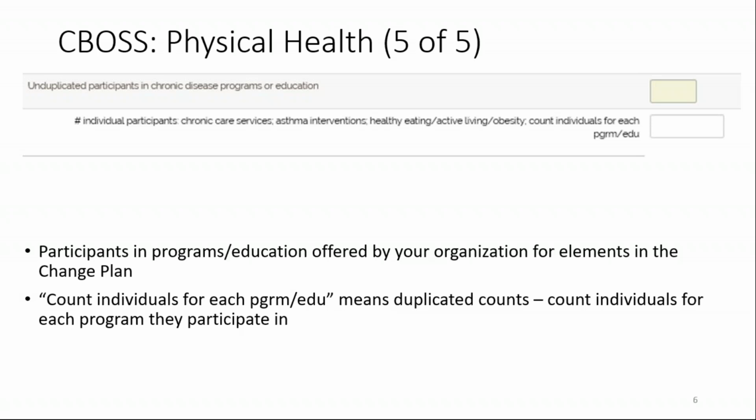This is another measure that captures individual participants in a service area, and in this case, it is chronic disease programs and education. Here we would be looking at the number of participants in chronic care services, asthma interventions, healthy eating, active living, or obesity-related work. For this, we again would be asking you to count individuals for each program or educational service that they participate in.